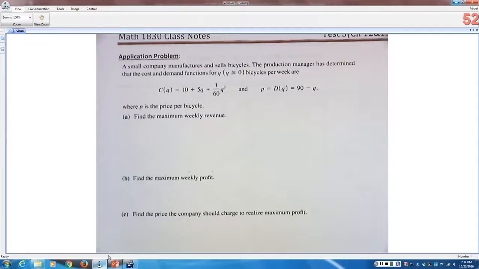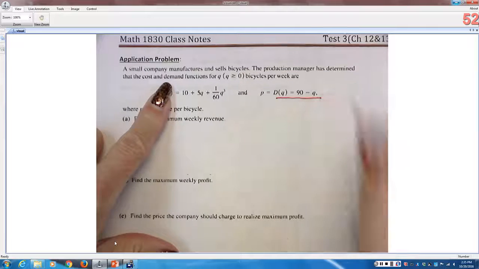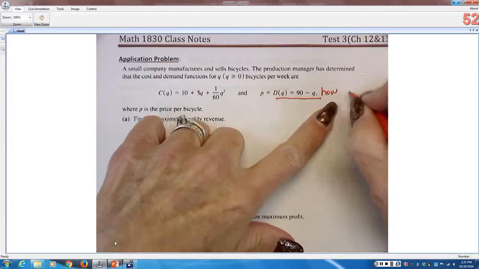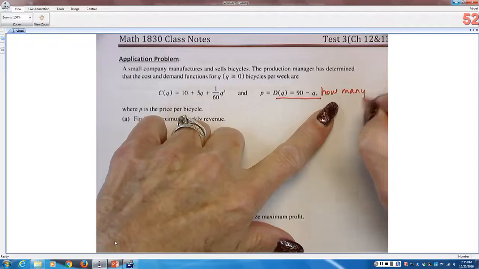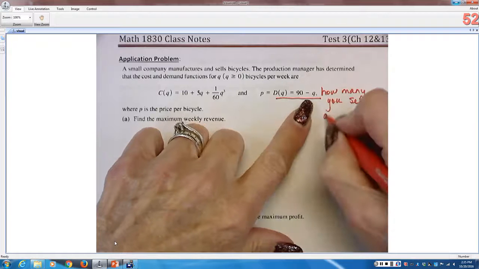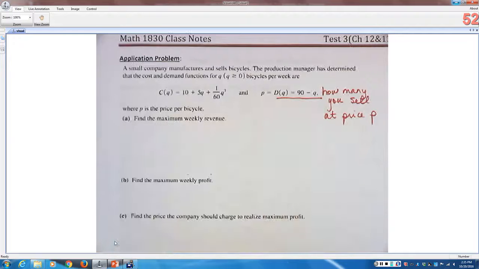Let's look at it on paper for a second. This is the demand function. This is how many you will sell at price P. Okay?